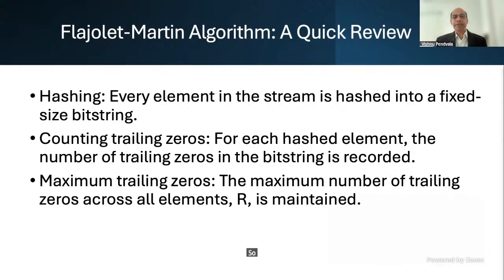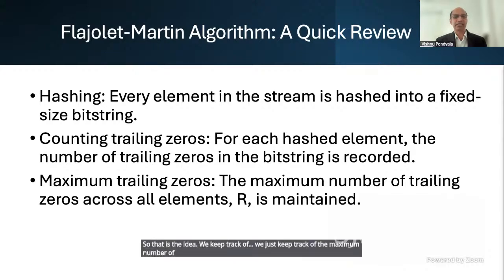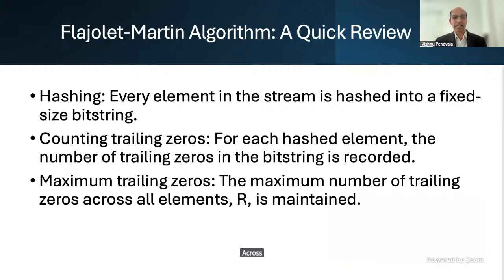So we just keep track of that number. And next time when suppose 33 comes, the number of trailing zeros will increase to 4, I believe, right? Yeah, 4. So that is the idea. We just keep track of the maximum number of trailing zeros across all elements.